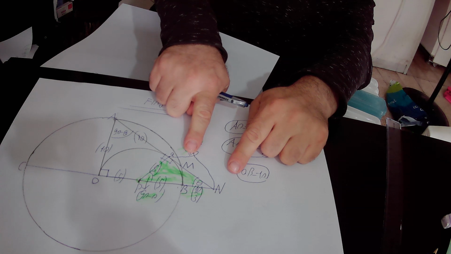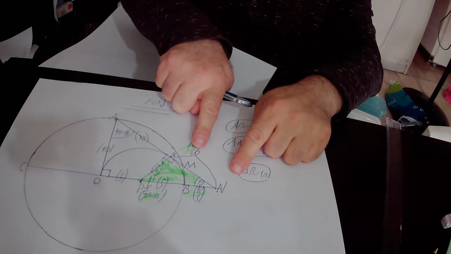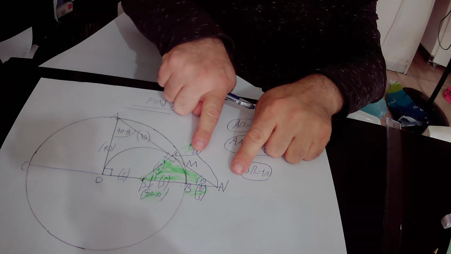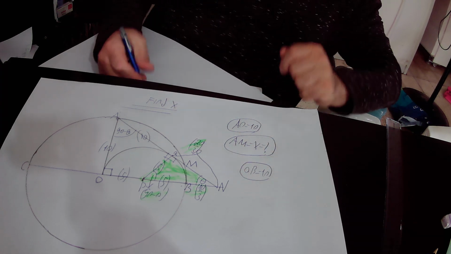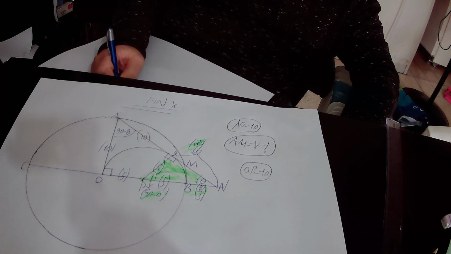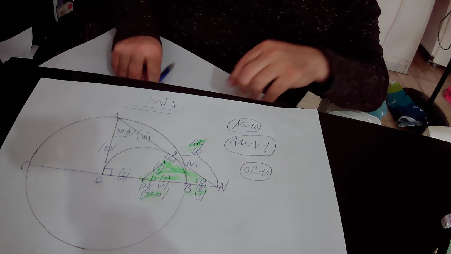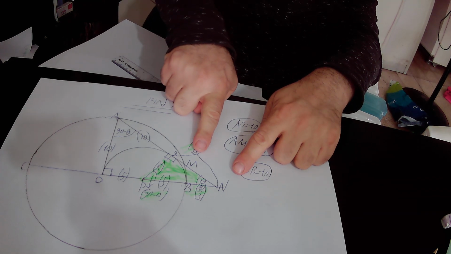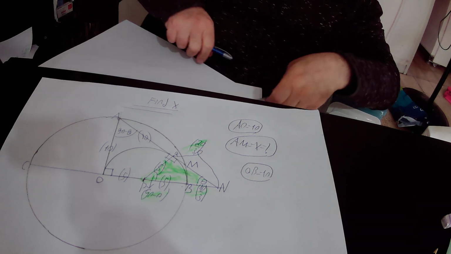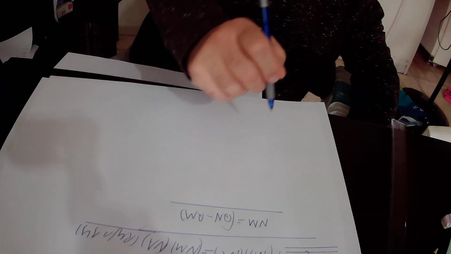From the drawing itself, it is very easy to see that the length of this line segment NM equals QN minus QM.